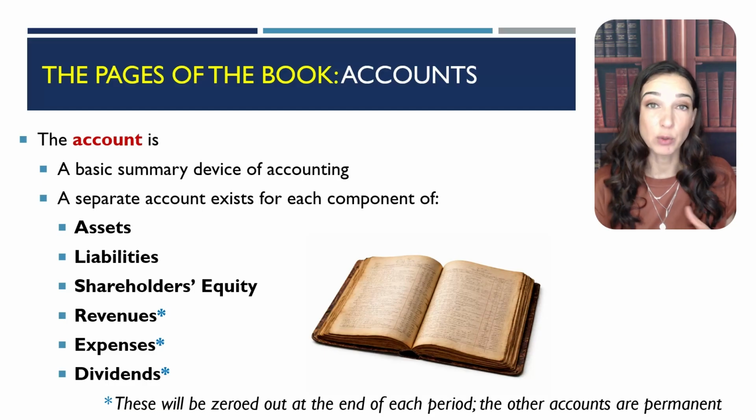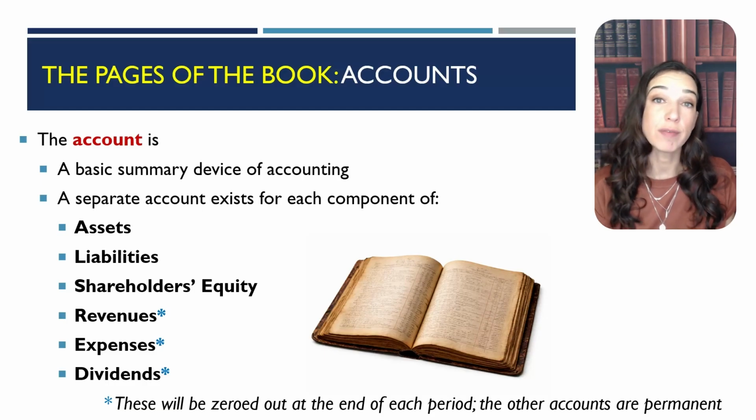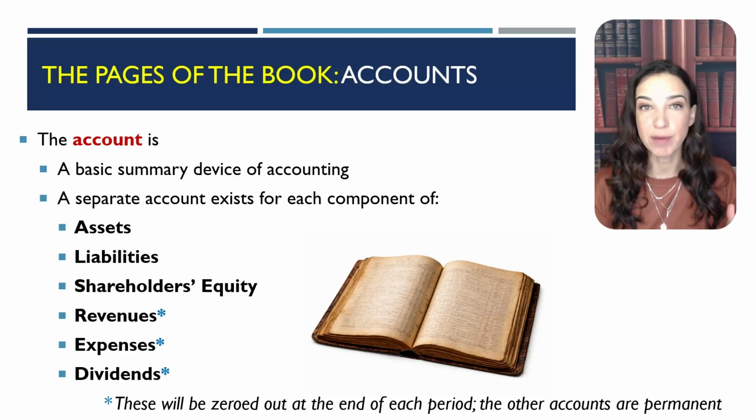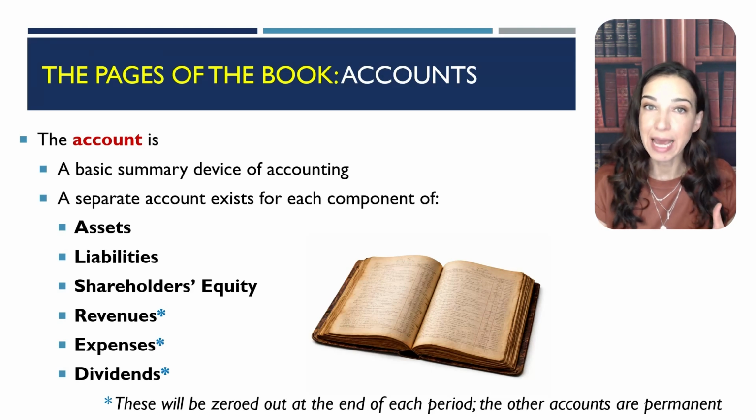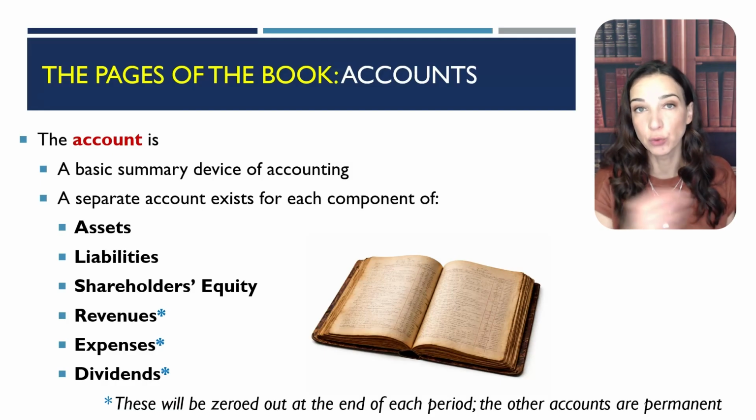Now, some of those pages are instead zeroed out at the end of the period. So all of the income statement accounts, all of the revenues, all of the expenses, we can think of those pages as essentially filled in with a pencil. And then at the end of the period, they are wiped out because we keep track of those things only for a given period. So we reflect our sales as the ones that occurred during a given quarter.